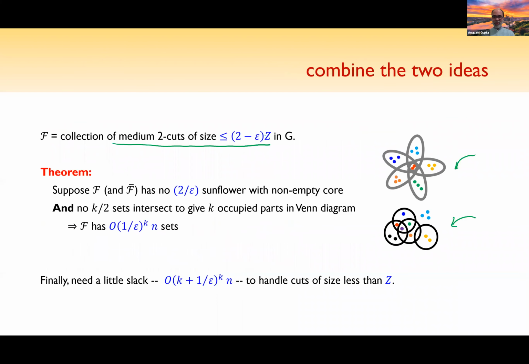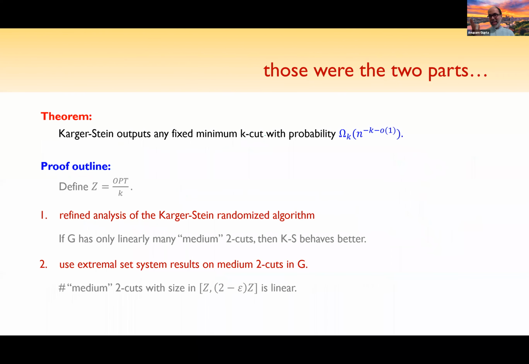For those of us who are computer scientists masquerading as discrete mathematicians, I would say: listen to your discrete math classes. There is a lot of advantage. You never know when you'll need that lemma from your discrete math class. Anyways, that was more or less the guts of the proof. It's a more careful analysis of Karger-Stein, and it uses this nice sunflower lemma, which I've always wanted to use but never had a chance until now.